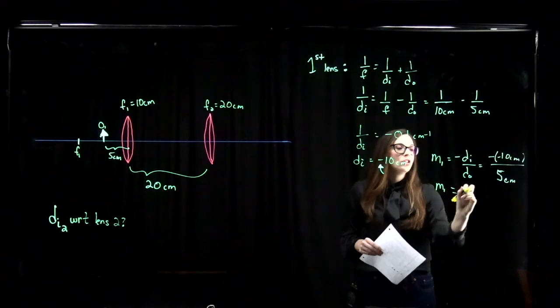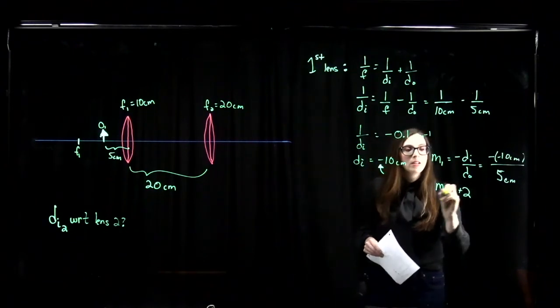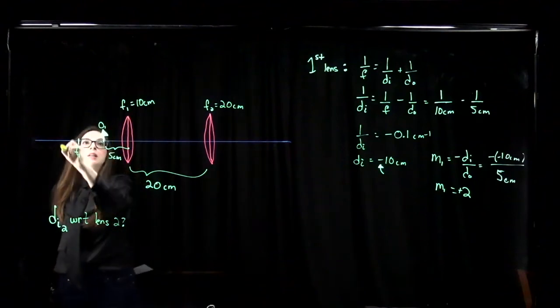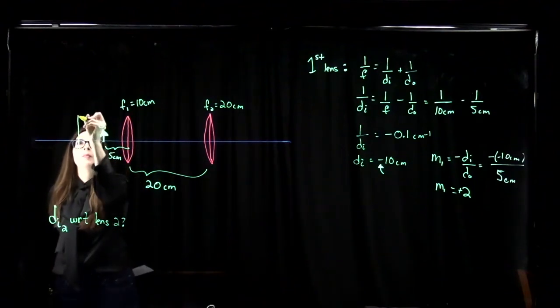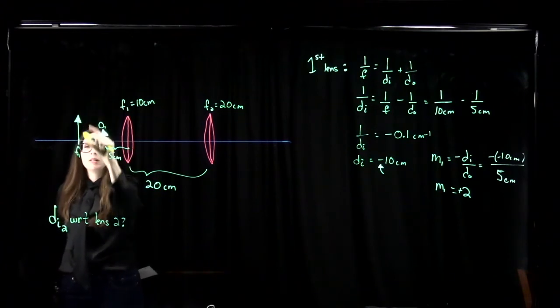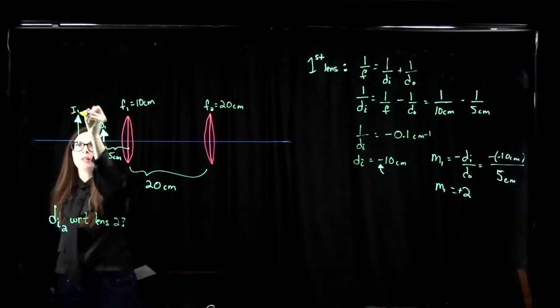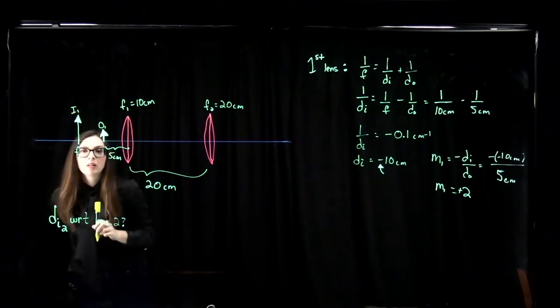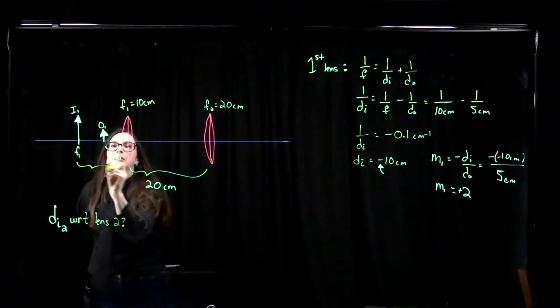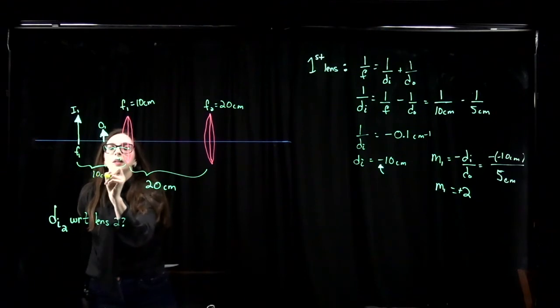The magnification is positive 2 for the first lens. So I'm going to draw that right here. This, twice the height of my object, is the image for lens 1, which is going to be 10 centimeters.